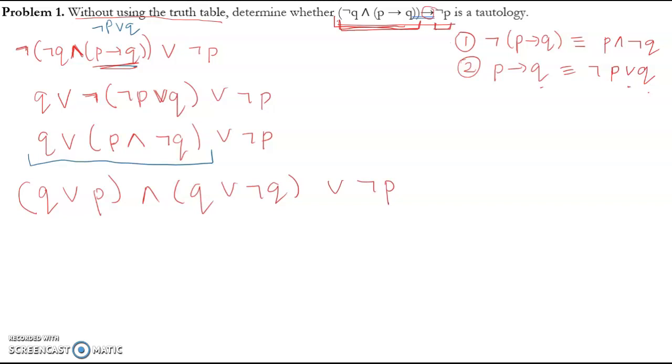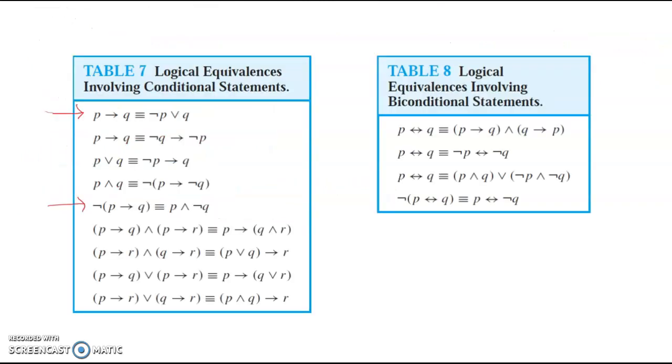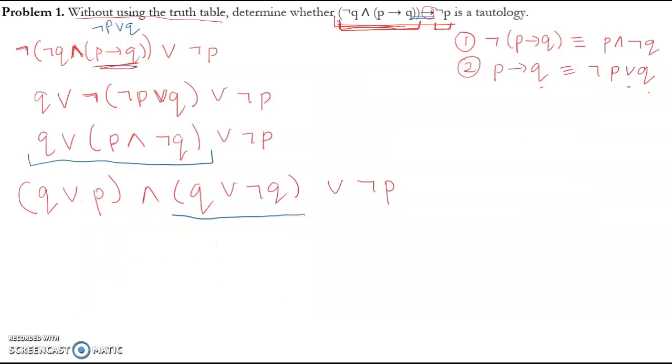Now I take a look at this: Q or not Q. That's a tautology, so this is T, and I just copy the rest.